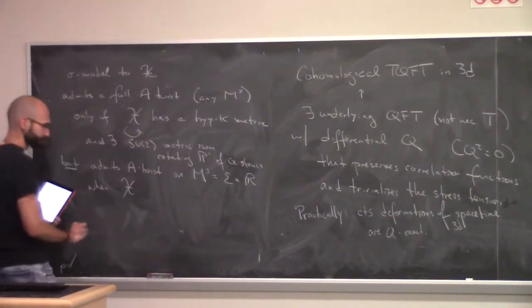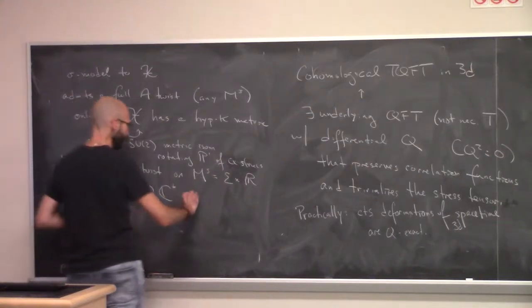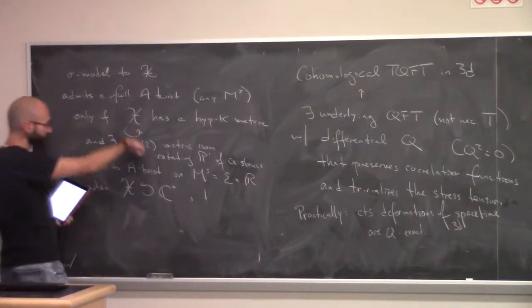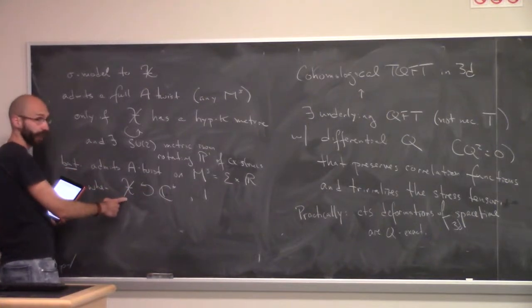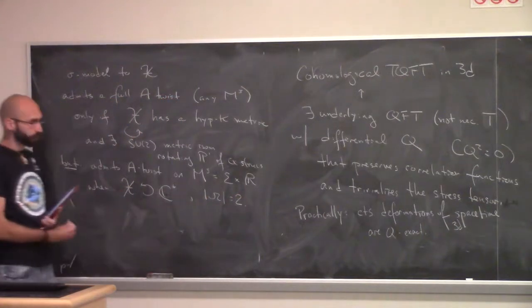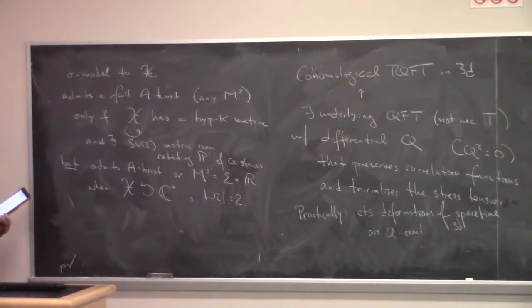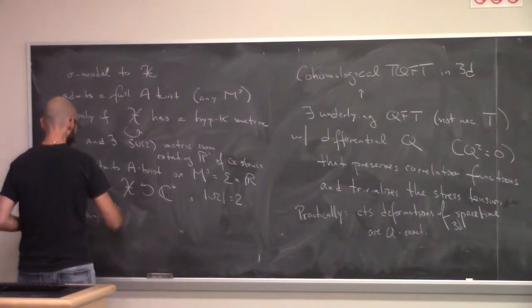So when you don't need a full SU2, it's sufficient to just have a U1, or in complex language a C star acting on X, such that the holomorphic symplectic form has weight 2. And the A-twist is always Z-graded.